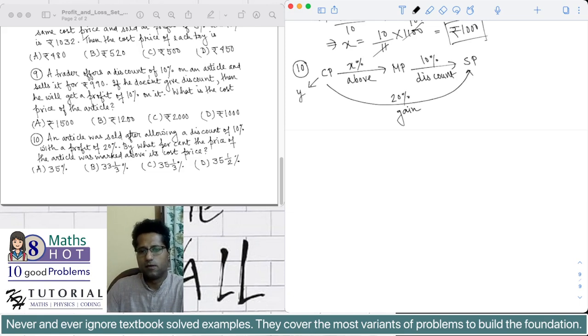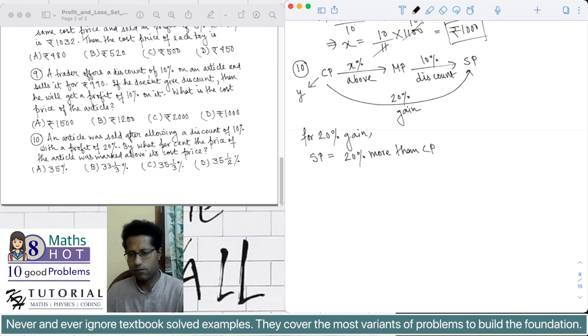Now we can say for 20% gain, we must have SP equal to 20% more than CP. This is the fundamental concept of a gain or gain percent. That is, if there is a 20% gain, which means that the selling price is 20% more than the cost price.